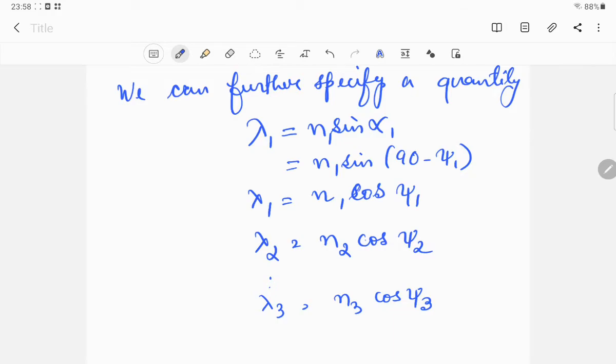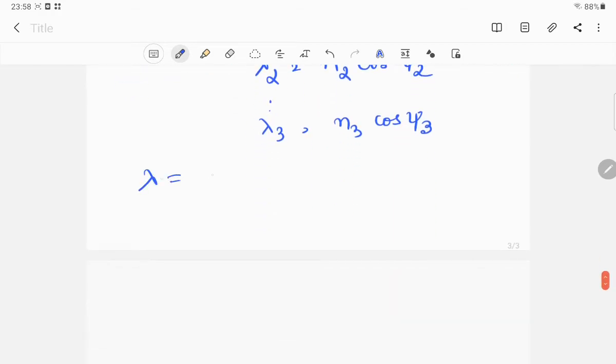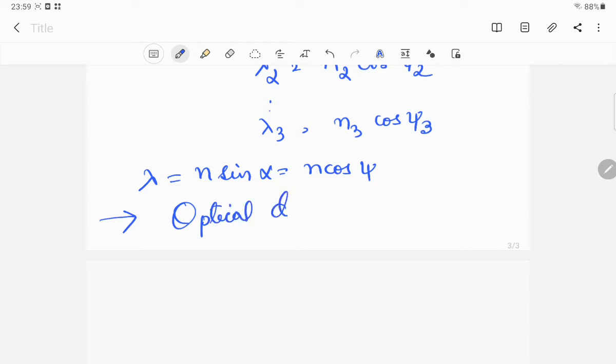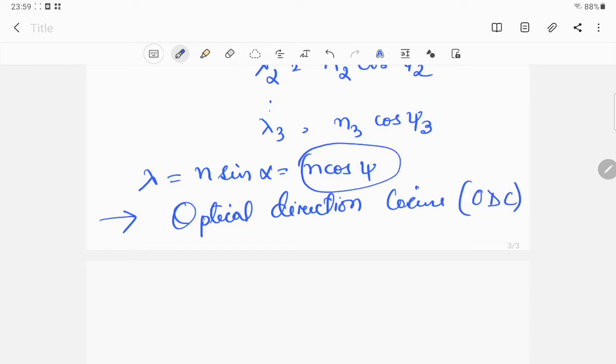This particular quantity, lambda equal to n sin alpha equal to n cos psi, is a very important quantity called optical direction cosine, ODC.